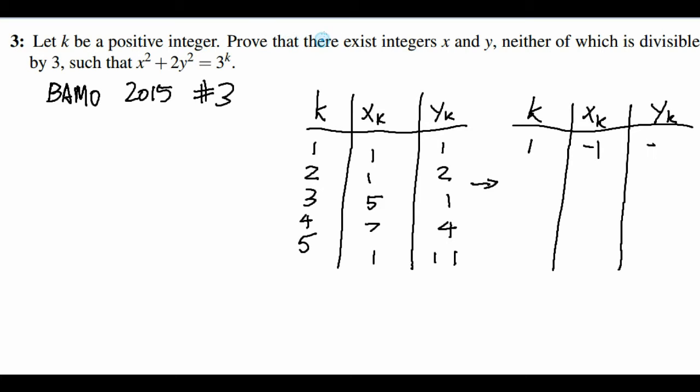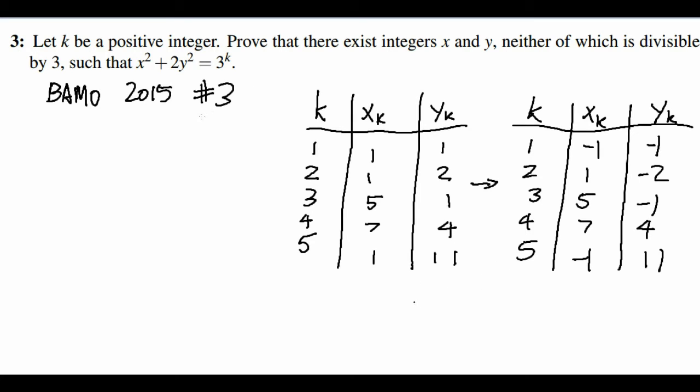There's no real way to see this pattern, but if we make the table like this instead, this also works, and now there's a pattern. Try to see if you can figure it out.